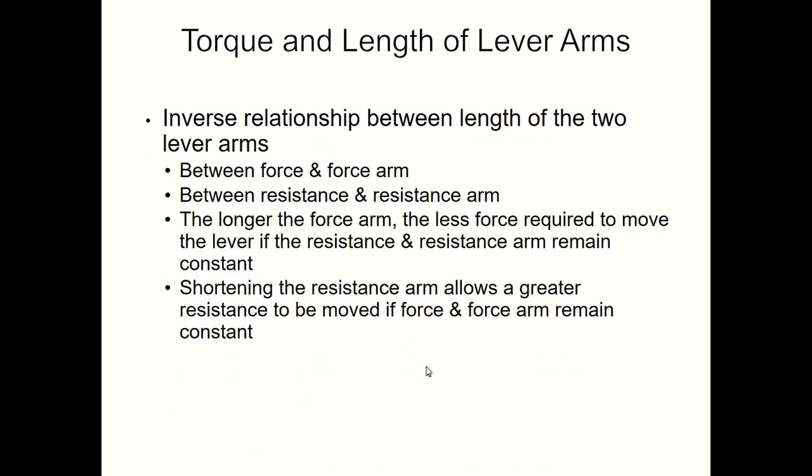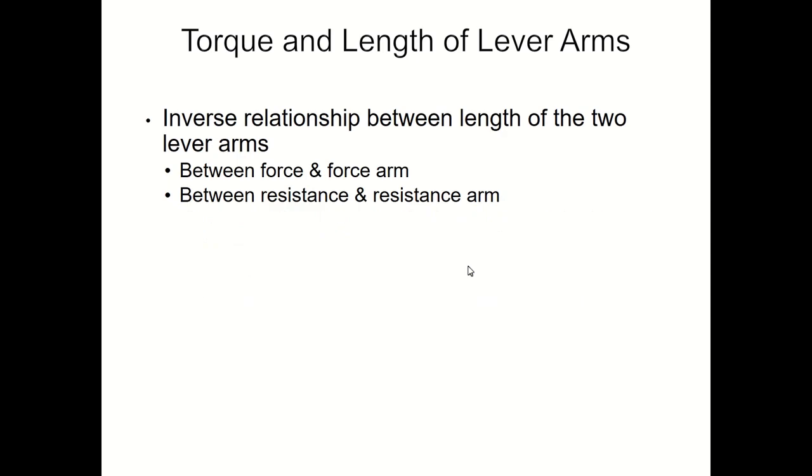So there's an inverse relationship between the length of the two lever arms, between the force and the force arm, and between resistance and the resistance arm. So the longer the force arm, that FA, the less force is required to move the lever if resistance and the resistance arm remain constant. Shortening the resistance arm allows a greater resistance to be moved if force and force arm remain constant.